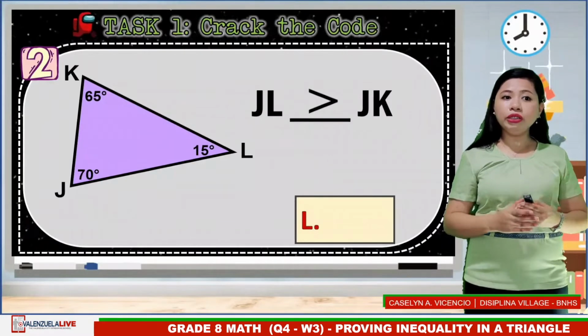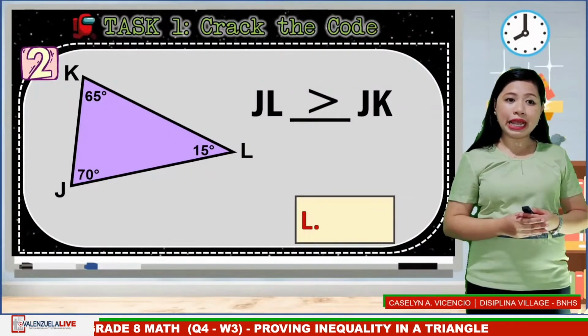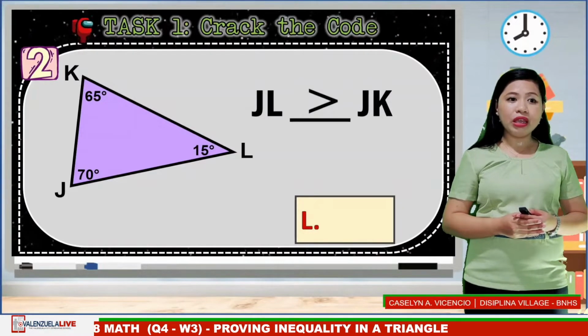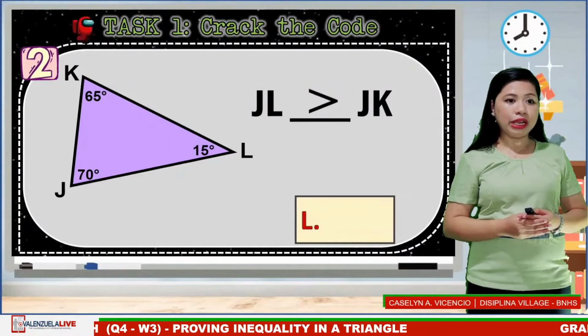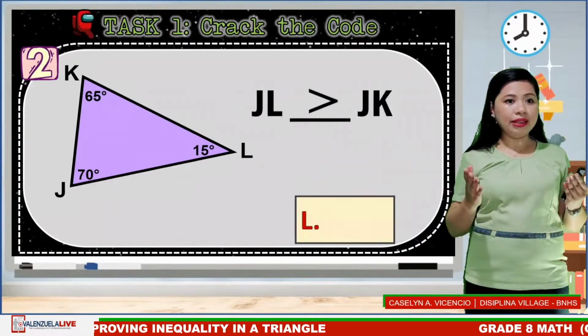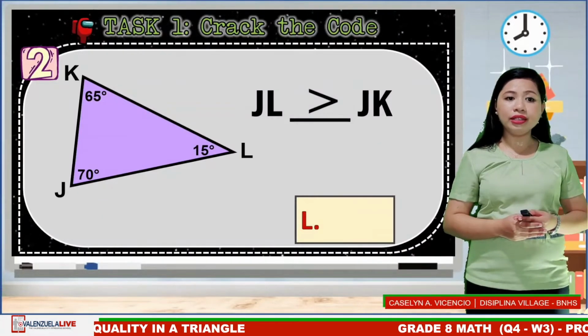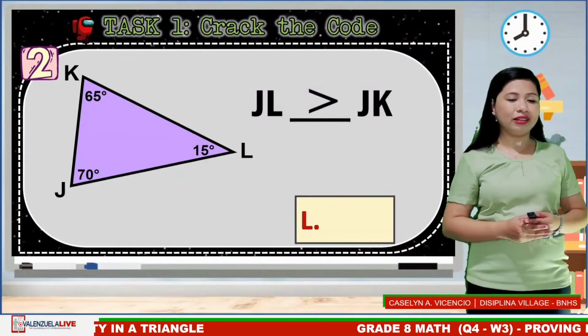Because, according to triangle inequality theorem number 2, or the angle side inequality theorem, if one angle of a triangle is larger than a second angle, then the side opposite the first angle is longer than the side opposite the second angle.